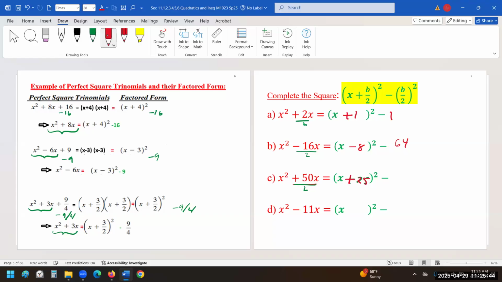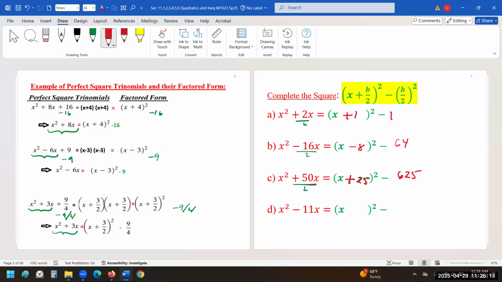And how much are you subtracting? 25 squared, right? What is 25 squared? Do you have any idea? 625. We are adding half of B, but we are subtracting its square.